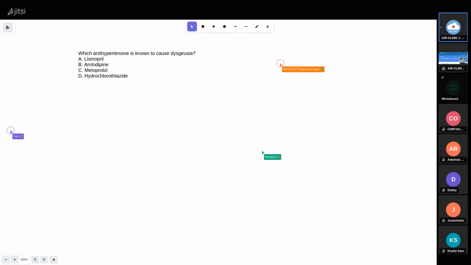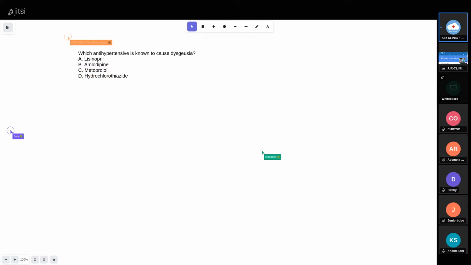So that's the question of the day. Which antihypertensive is known to cause dysgeusia? Attempt the question in the group chats. I'll still post it there to make it easy to track.